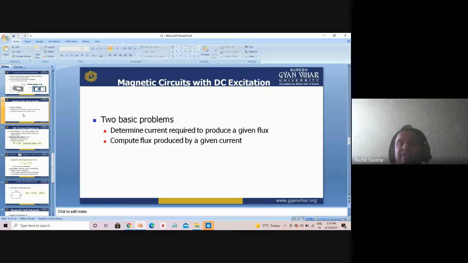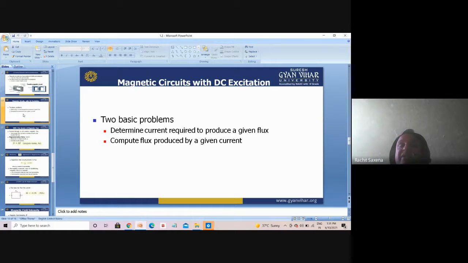Magnetic circuits with DC excitation. Now, if I want to give excitation with DC, that is direct current, and convert it into a magnetic circuit, two basic problems are there. First one is to determine the current required to produce a given flux.